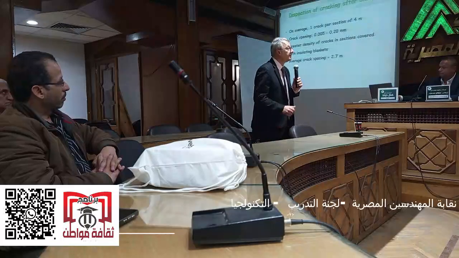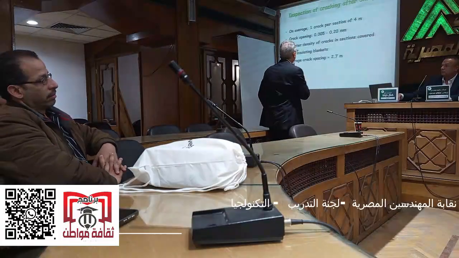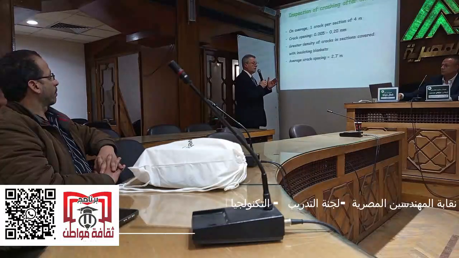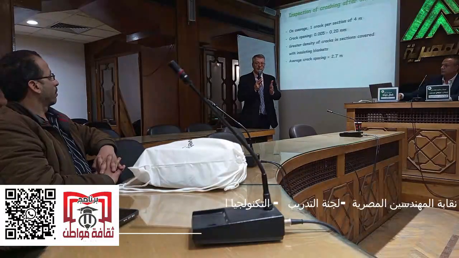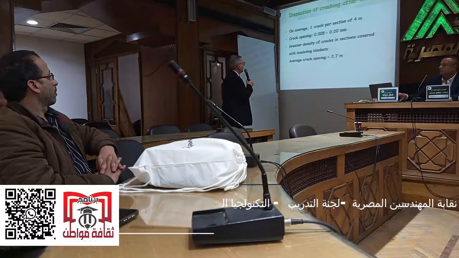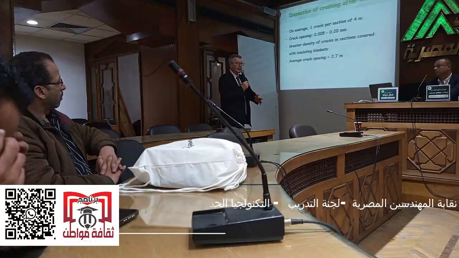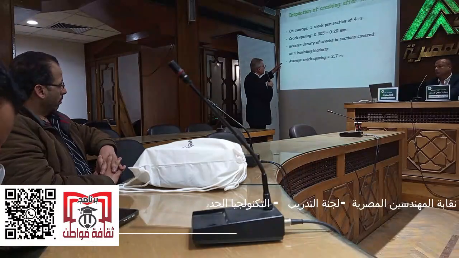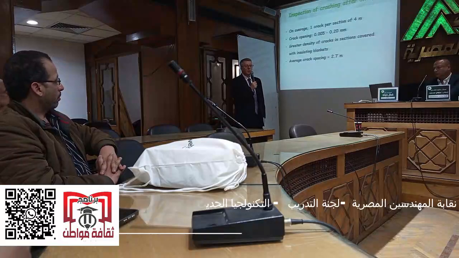Thank you. Next. All right, so we came back after 1 year, and these repair sections are made in 4 meters. Typically, we found there's one crack every 4 meters, crack spacing about 2.7 meters. The crack opening is limited to 0.2 millimeter, very small.